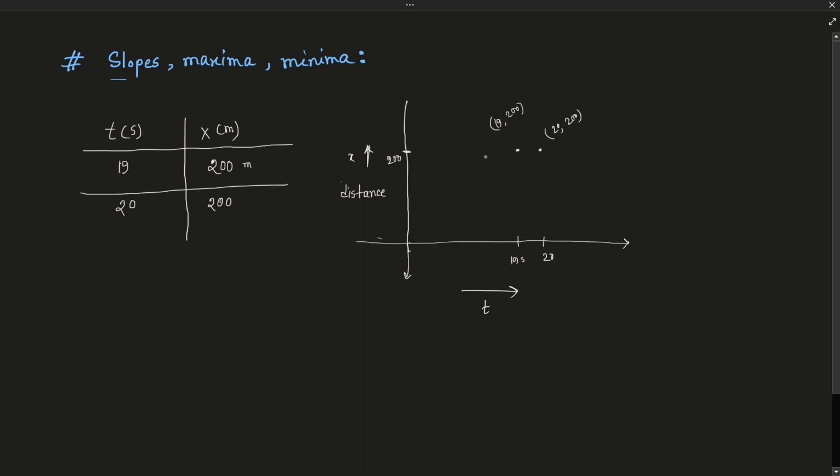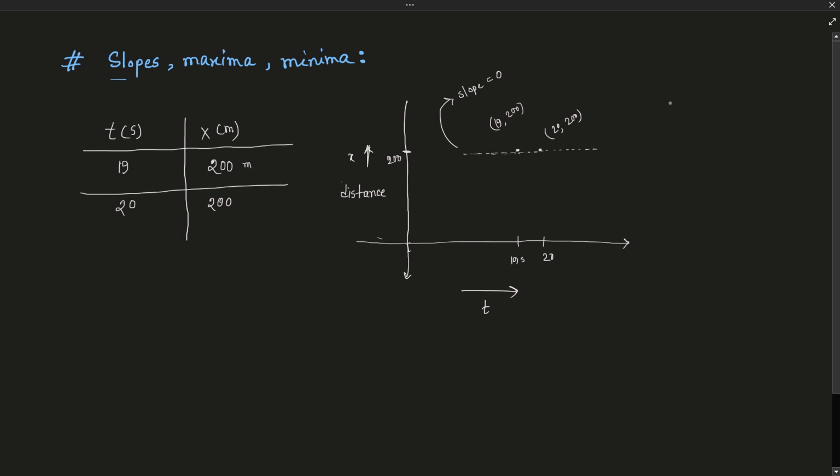Okay, so I'll just draw the line here, and here the slope will be 0. Its slope will be 0 because the tangent line is horizontal.